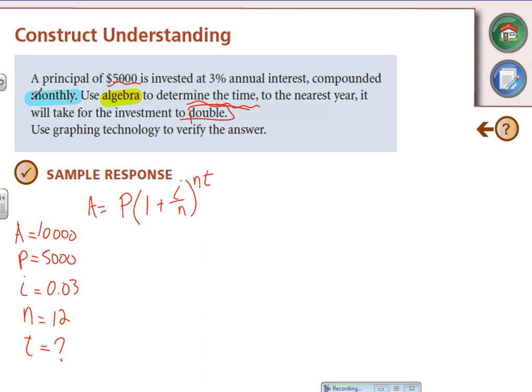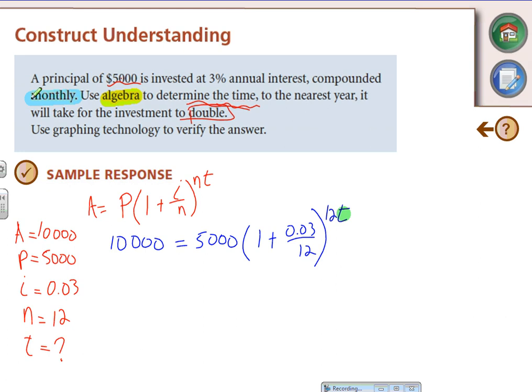Let's plug it in, and we're going to solve for T, but algebraically this time. 10,000 equals 5,000 times (1 plus 0.03 divided by 12) to the 12T. We're trying to solve for that T. That's an exponent. That means we're going to be using logs here.